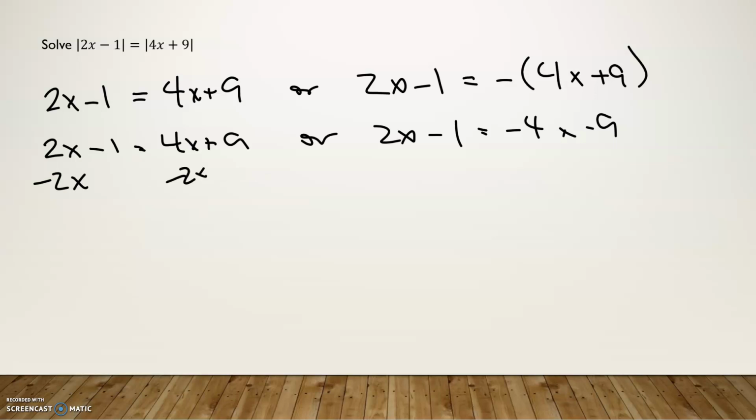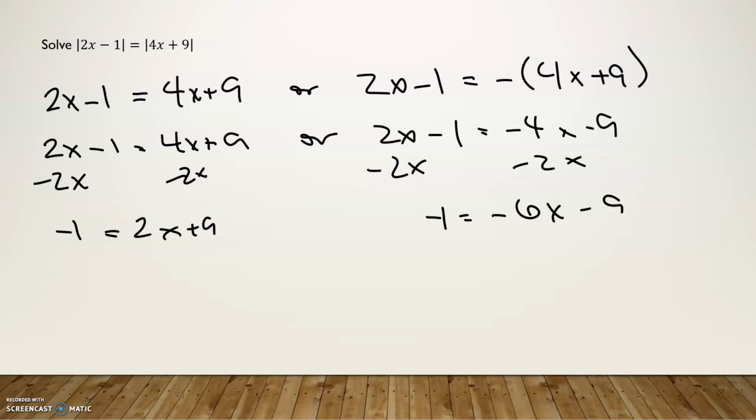It doesn't matter which one you do first. Okay, so negative 1 is equal to 2x plus 9. Negative 1 is equal to negative 6x minus 9. I'm going to subtract 9. So this becomes negative 10 is equal to 2x.